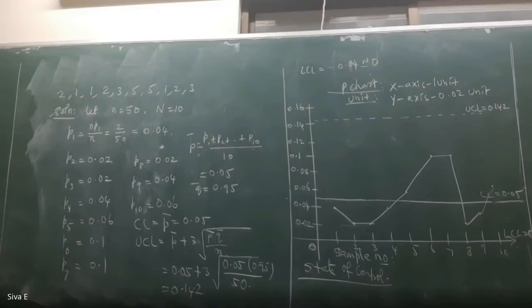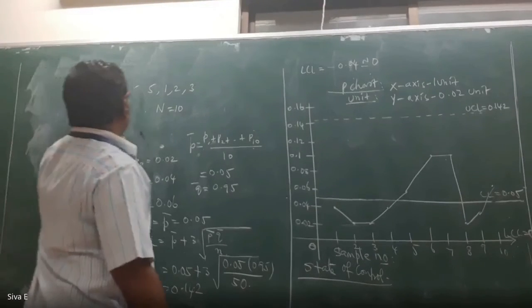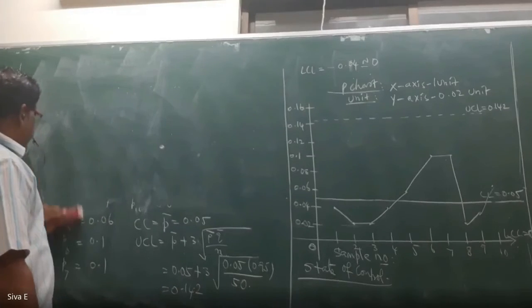How to write the state of control for this problem?